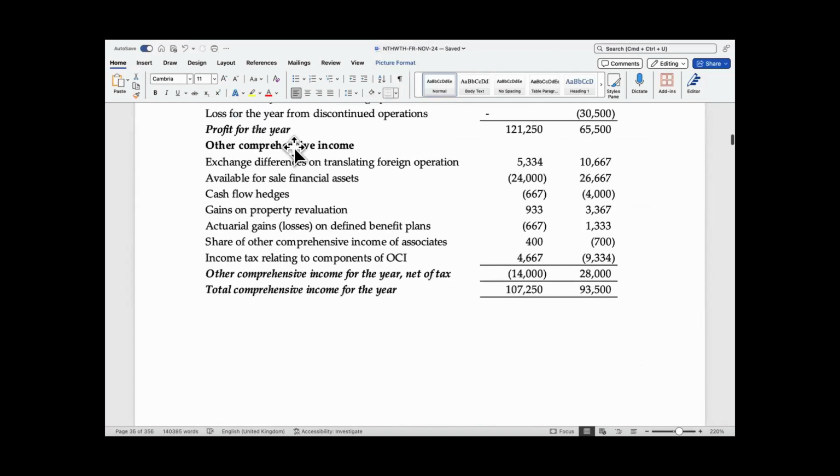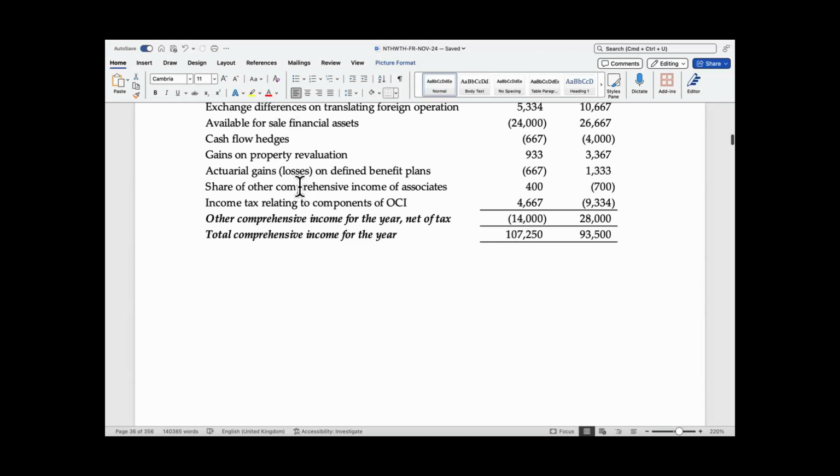Note this, all items in OCI are usually transferred directly to equity. Remember, your profit too, you transfer it to equity. You call it profit for the year. So this OCI too, just for us to separate our normal profit from the ones that are from revaluation or changes in value, they call those OCI. Those ones go to equity as well. We just separate them. We call them other components of equity. They are coming from OCI.